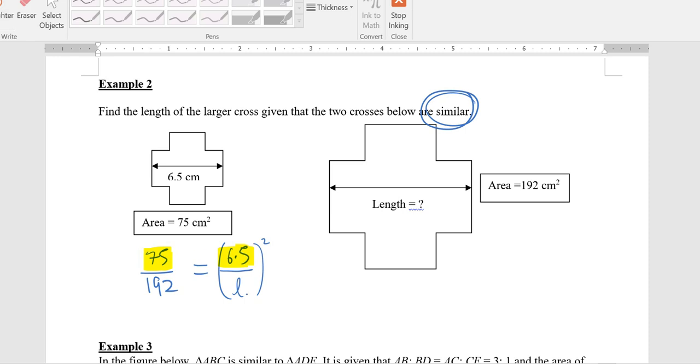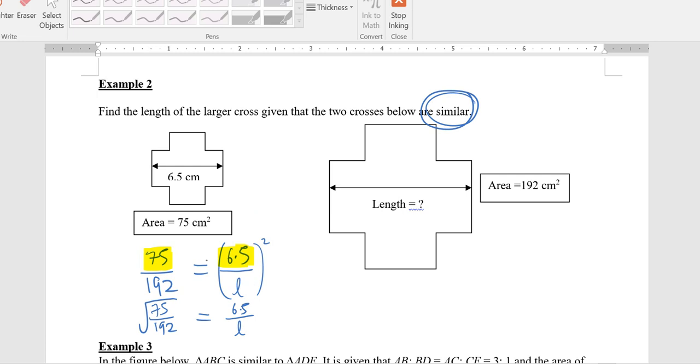In this case, I need to look for the length L, but I'm very aware that there is a square outside of this bracket. There is more than one way to simplify this equation, but I'm going to square root both sides, so that I no longer have the square outside the bracket.